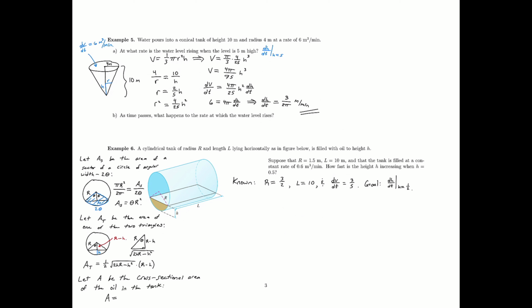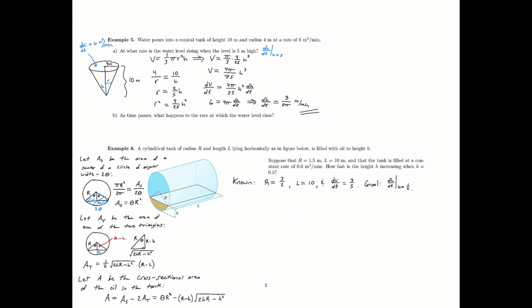It's going to be the area of the sector minus the area of that double triangle. So triangle 1 plus triangle 2, so this would be A sub S, the area of the sector, minus 2 of those side-by-side triangles. So the 2 here will cancel with the 1/2 here, and we will get something that looks like the following. Pi r squared minus, I'm going to write the r minus h first. That way we don't try to confuse or think that it's also underneath the square root when it's not.